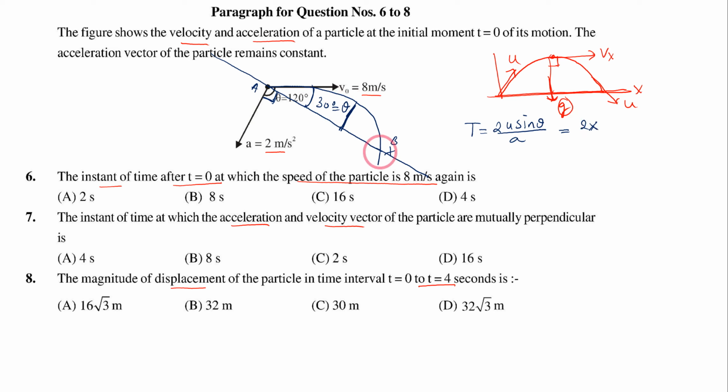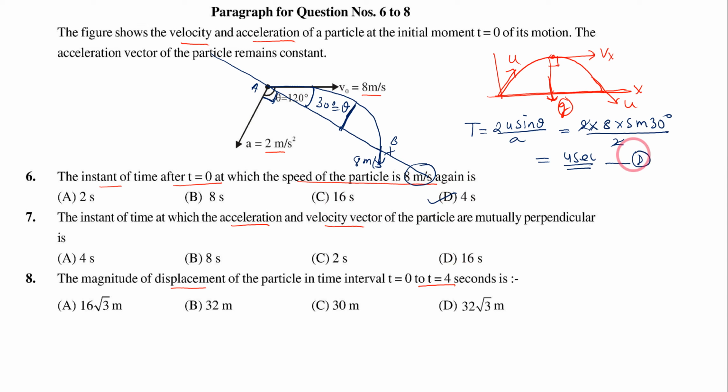What I am saying is, at B it will again gain 8 meter per second. Okay, so 2 into 8 into sin 30 divided by 2. So this is coming 4 second, right? Sin 30 is 1 by 2, so 4 second. In 4 second, it will again gain the same velocity as it has initially. So the answer is D.